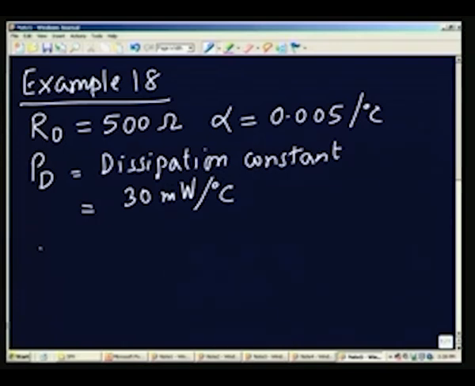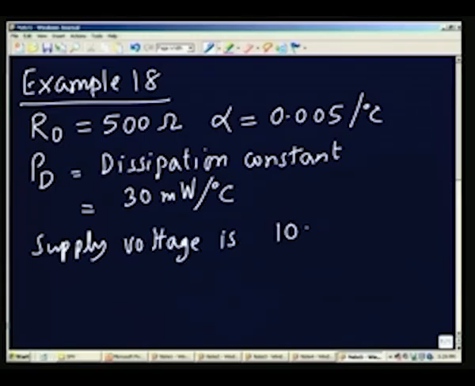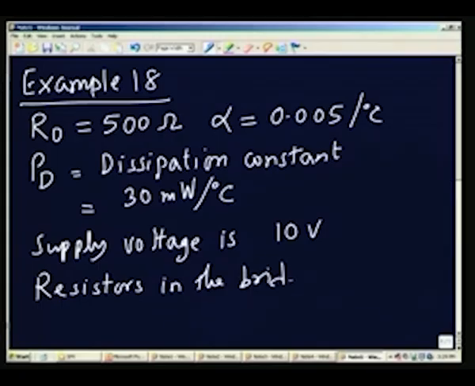We are also given that the supply voltage is 10 volts and all the resistors in the bridge are all 500 ohms.